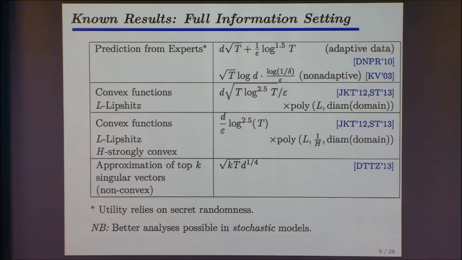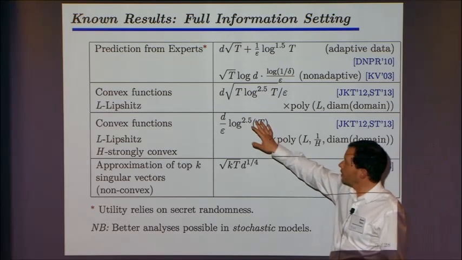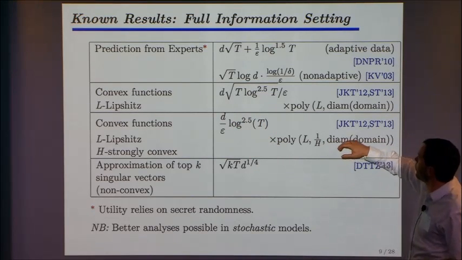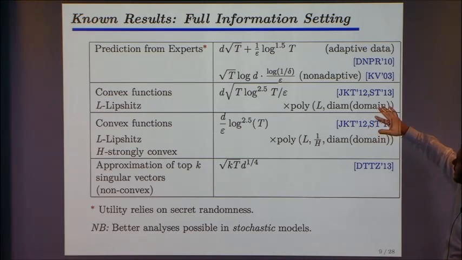So what are the results that are known on differentially private online learning? For the prediction from experts problem, you can get a couple of different results depending on how you use this basic follow the perturbed leader algorithm.